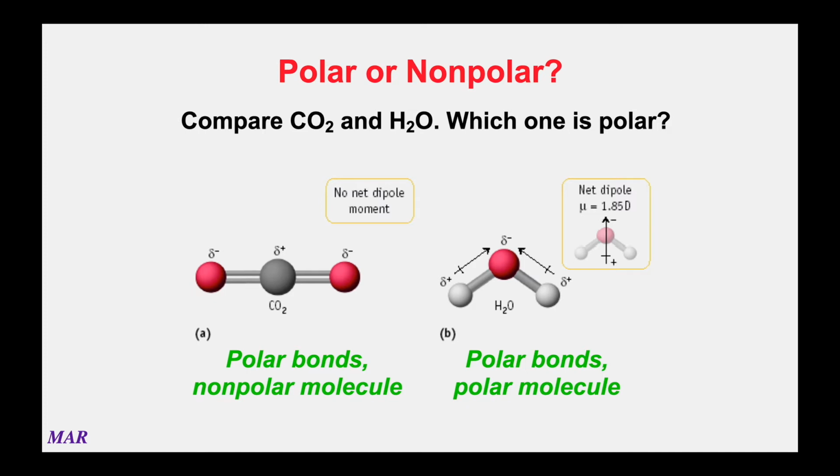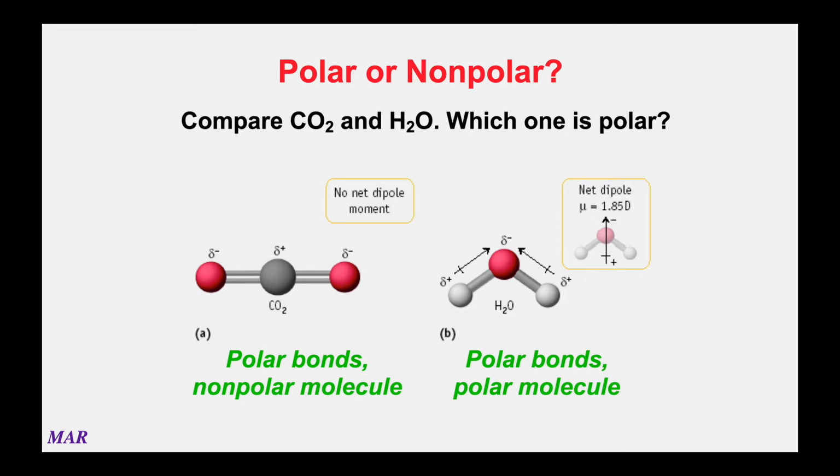Well, in CO2, the carbon-oxygen bond has a delta chi, which is pretty good. I think oxygen is 3.5, and carbon is 2.5. So the difference between those, 3.5 minus 2.5, is 1. That's pretty polar. But they're 180 degrees from each other, so they cancel out. CO2 is nonpolar. It has polar bonds, but the molecule is nonpolar.